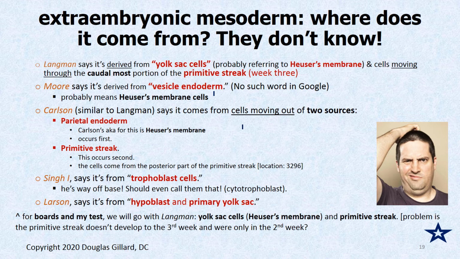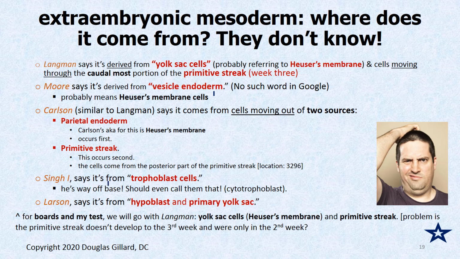Carlson says it's the parietal endoderm, so that's his AKA for Heuser's membrane, and the primitive streak. That would mean, again, that it doesn't occur until the third week. So I don't think that can be, unless it forms more slowly. And maybe it forms in week 2 and week 3, but they say it's complete by week 2, so I don't think that's true either.